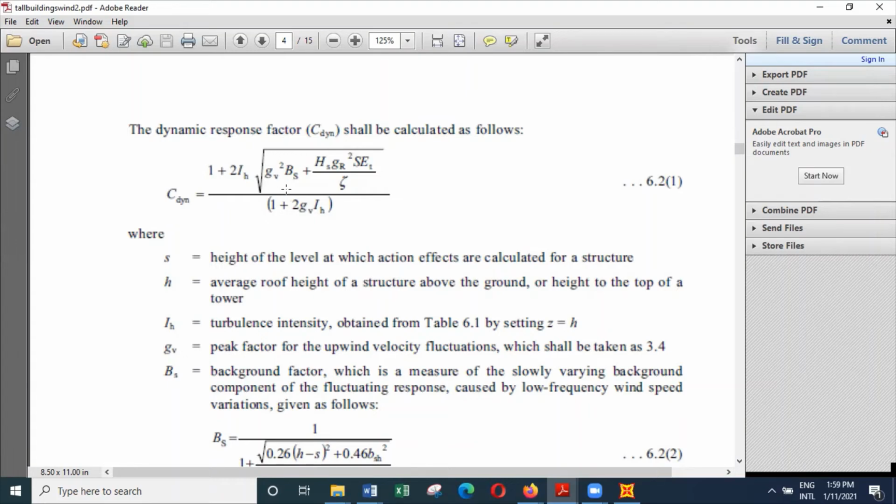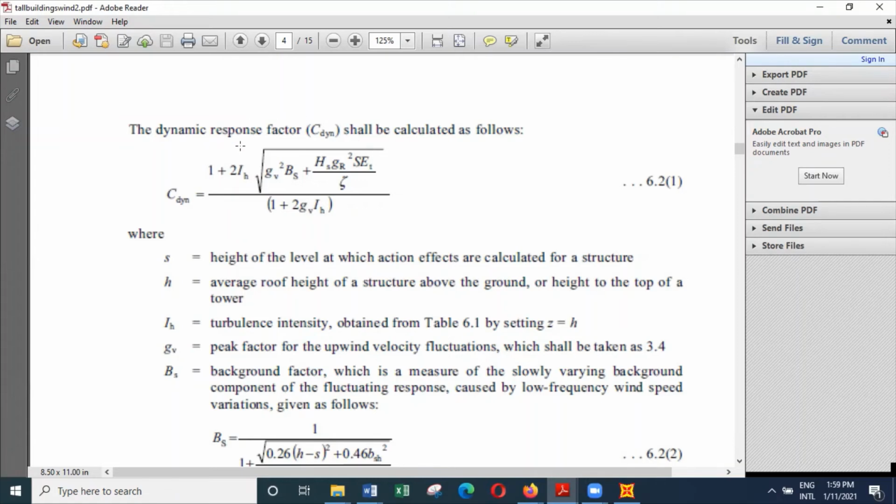So this component refers to the static behavior, where the building is acting as a rigid body and the wind is coming and hitting it. This is what happens in a 2-story or 3-story building. The building doesn't move at all due to the wind, so that is the static effect. And this is the dynamic effect where the building is actually moving with the wind. Then you get an additional effect due to this movement.